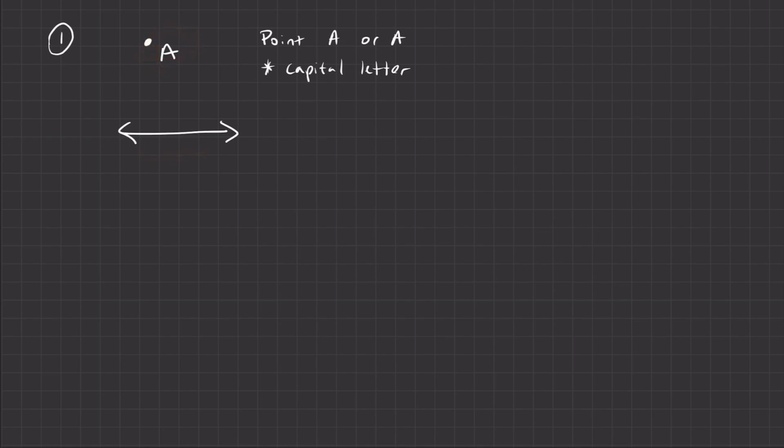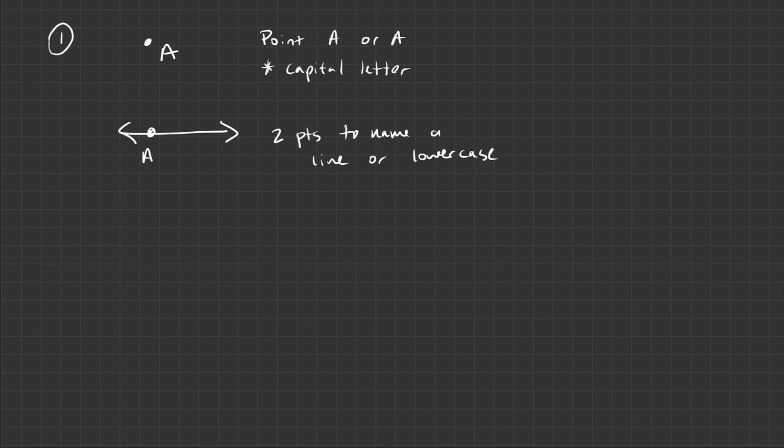Here we have a line which extends forever in both directions, and you need 2 points to name a line or the lowercase letter next to it. So here's my line. Let's give it some points.